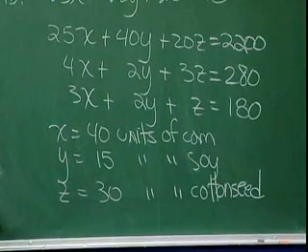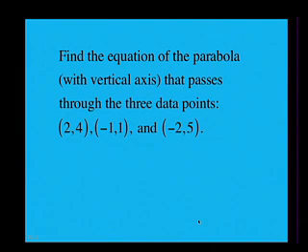All right, next, we are going to apply systems of linear equations to a regression problem involving a quadratic function. Let's look at the details of this example. Find the equation of the parabola with a vertical axis that passes through the three data points 2, 4, -1, 1, and -2, 5.